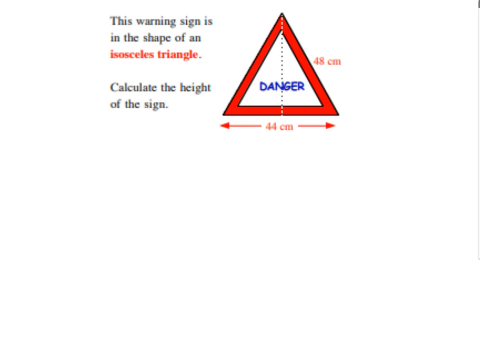And because it's an isosceles triangle, that means it's symmetrical. So the right-hand side here, with the right-hand side of the dotted line, and the left-hand side of the dotted line, they're both the same. And it means that at the bottom here, this is a right angle. Right angle on that side as well, because they're symmetrical.